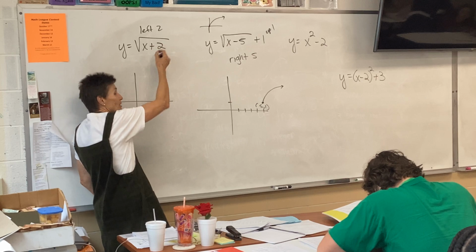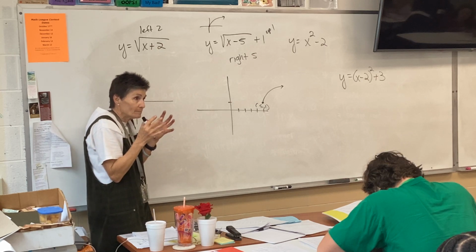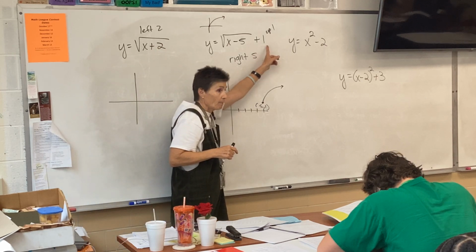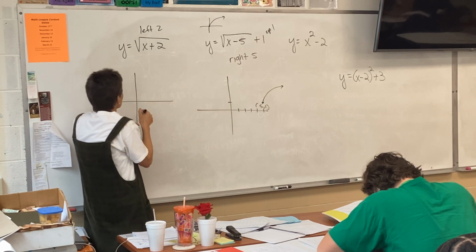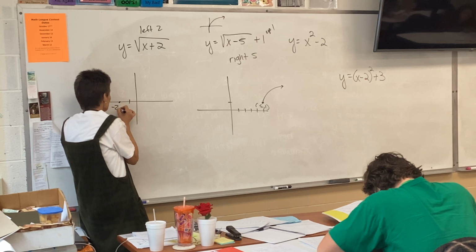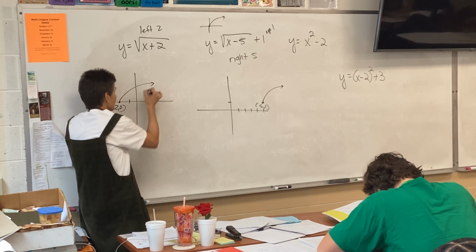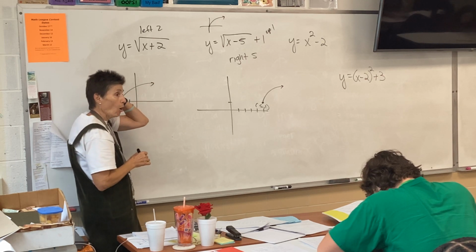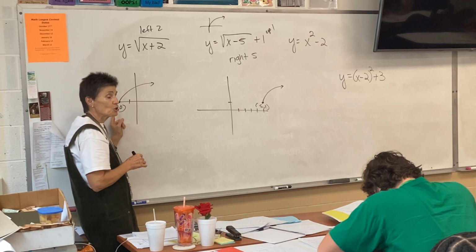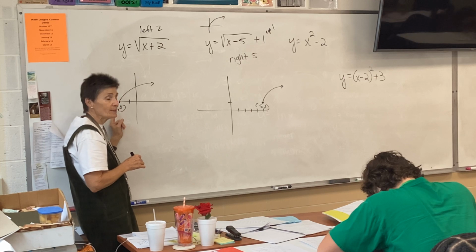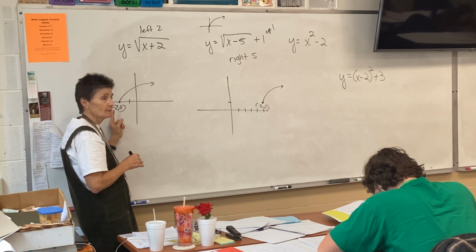Because that number is inside the problem. It's not outside the problem, it's inside the thing. So this is gonna go left 2. Notice how I always label my starting point. Just like your asymptotes, you need to label it.